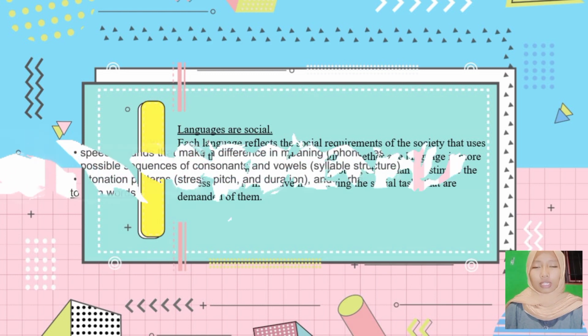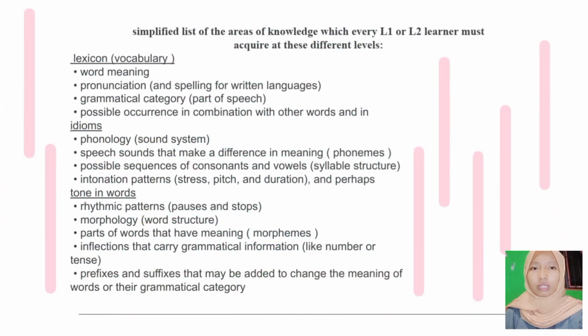And for the next, a simplified list of the areas of knowledge with every L1 and L2. The first is vocabulary, their word meaning and others.